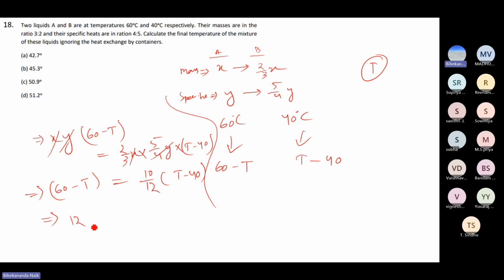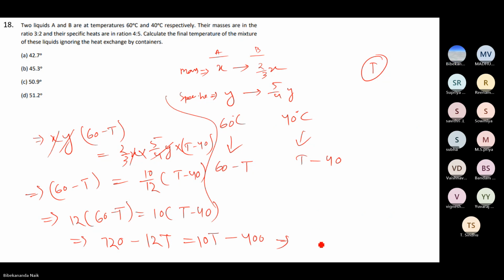So it is 12 into 60 minus T equal to 10 into T minus 40. That is 720 minus 12T is equal to 10T minus 400. So this gives 1120 equal to 22T.